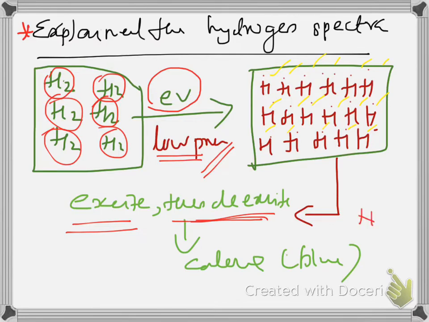So, a nucleus is surrounded by many energy levels. Now the electron is present here. This electron gets excited to a higher level. Since the excited state is unstable, definitely this electron will de-excite by emitting the radiation absorbed during its excitation.